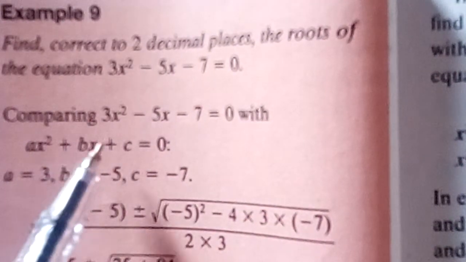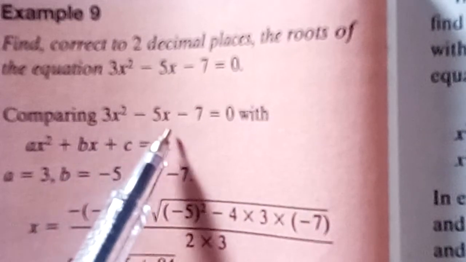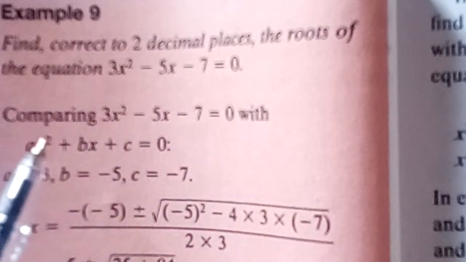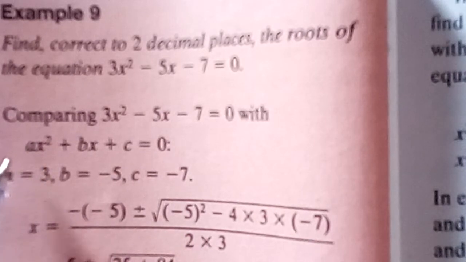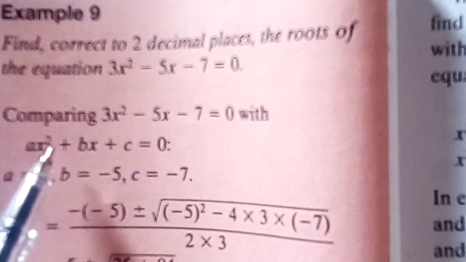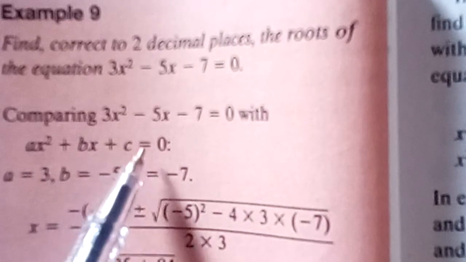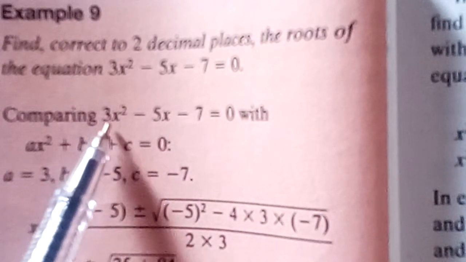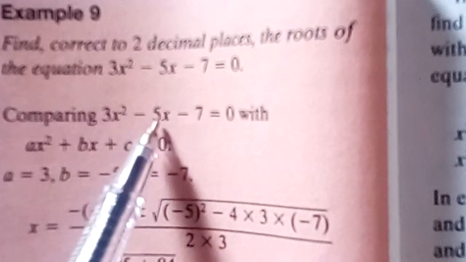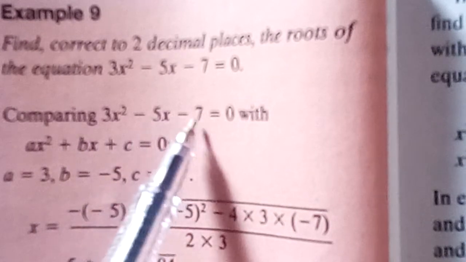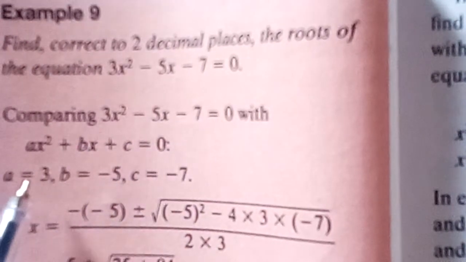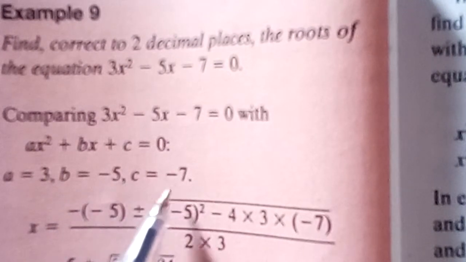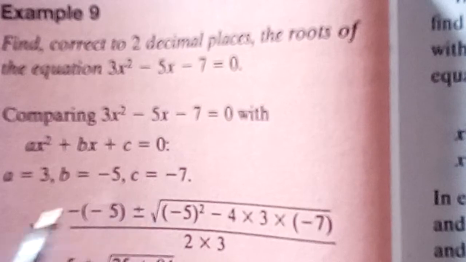Using the formula, as I told you earlier, if you compare this with ax squared plus bx plus c equals 0, you see that this 3 is a, this minus 5 is b, while this minus 7 is c. So you have a equals 3, b equals minus 5, and c equals minus 7.